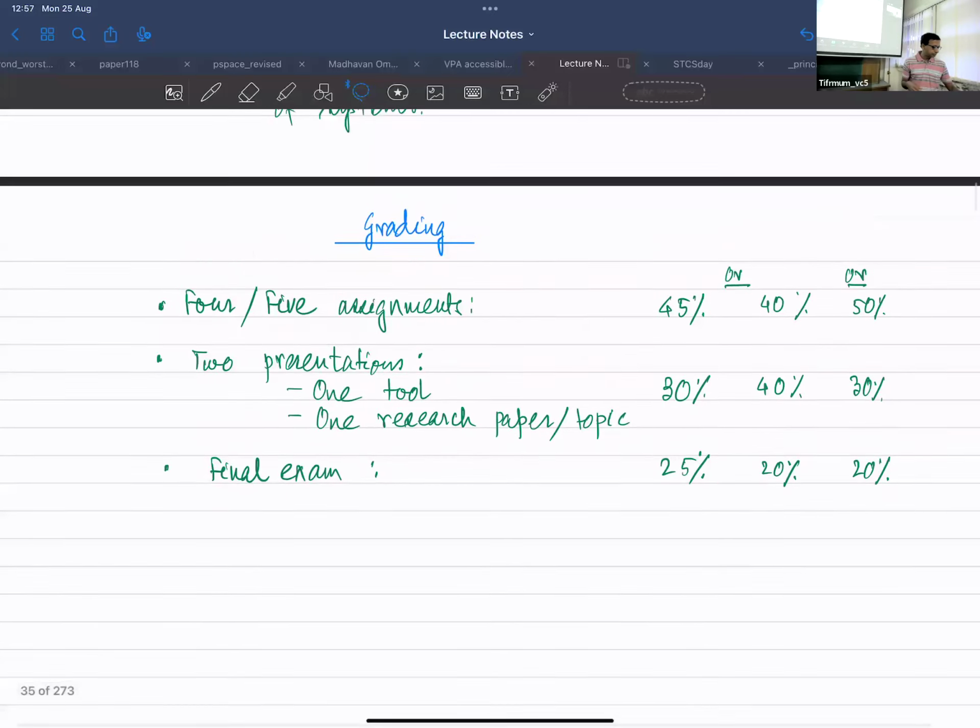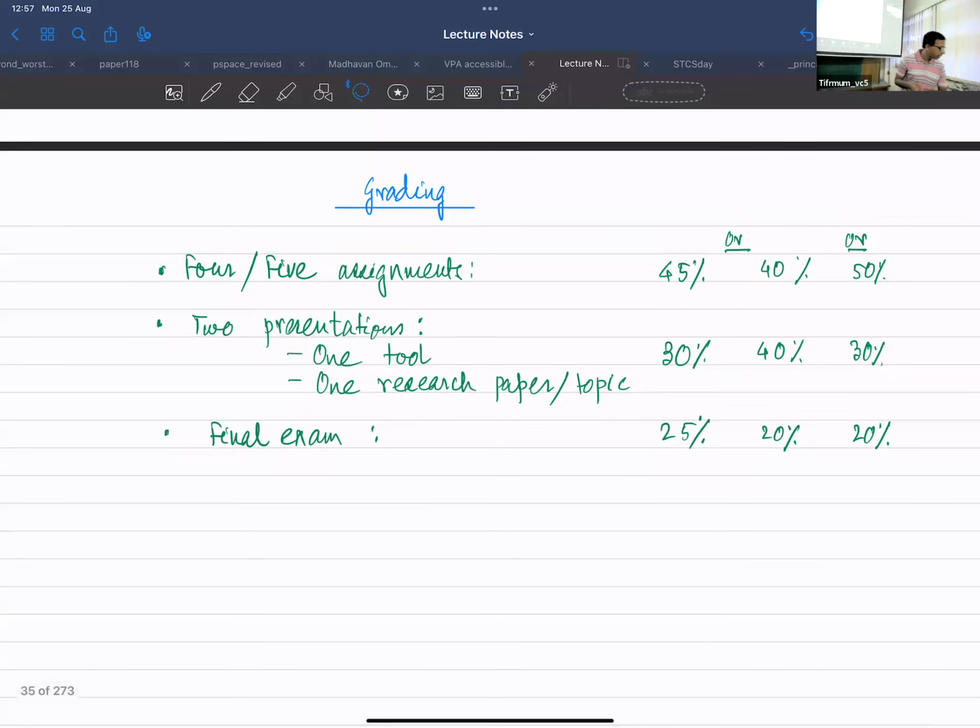So this is about the grading. We will have roughly 4 to 5 assignments, and in total it will have something between 40 to 50%. And there may be a couple of presentations, like seminars on some research paper, which will involve one tool: you may have to model some system in a particular tool, and then also give a brief overview of how the tool works.